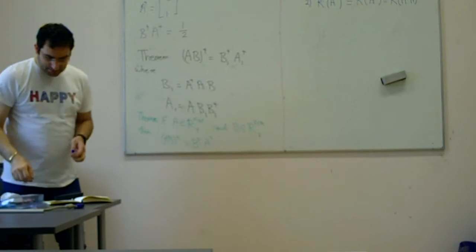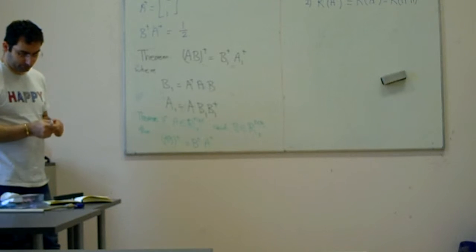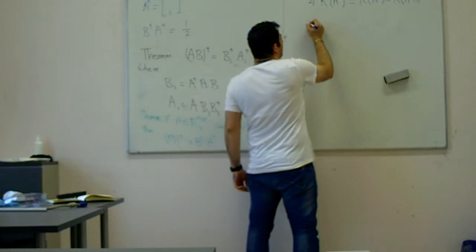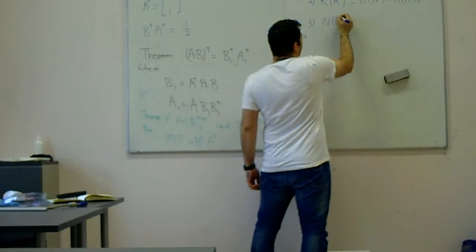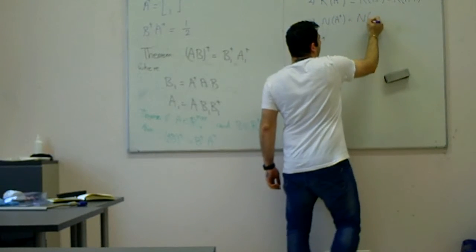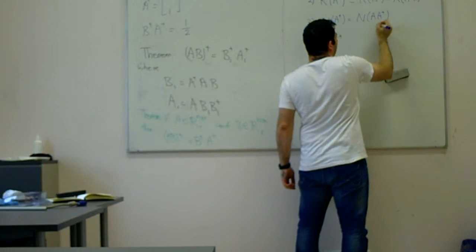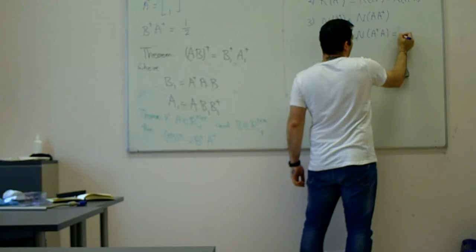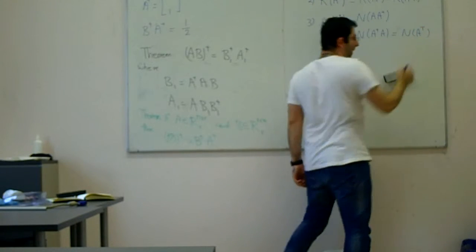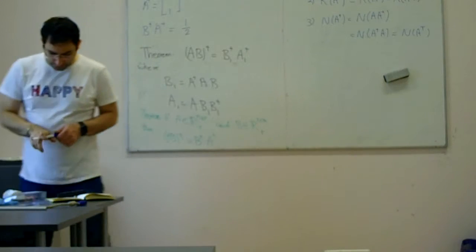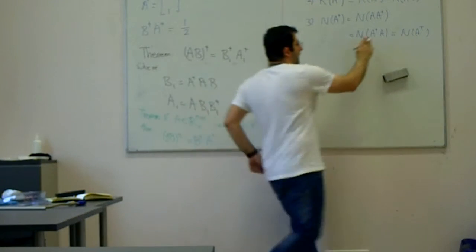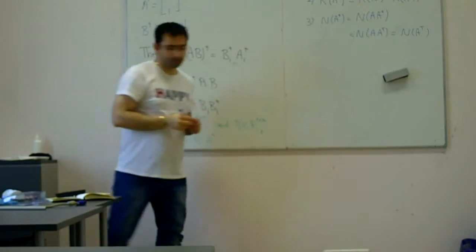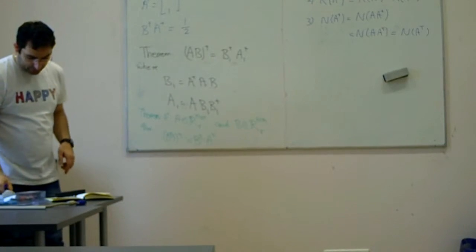And then the null space is the null space of A transpose.